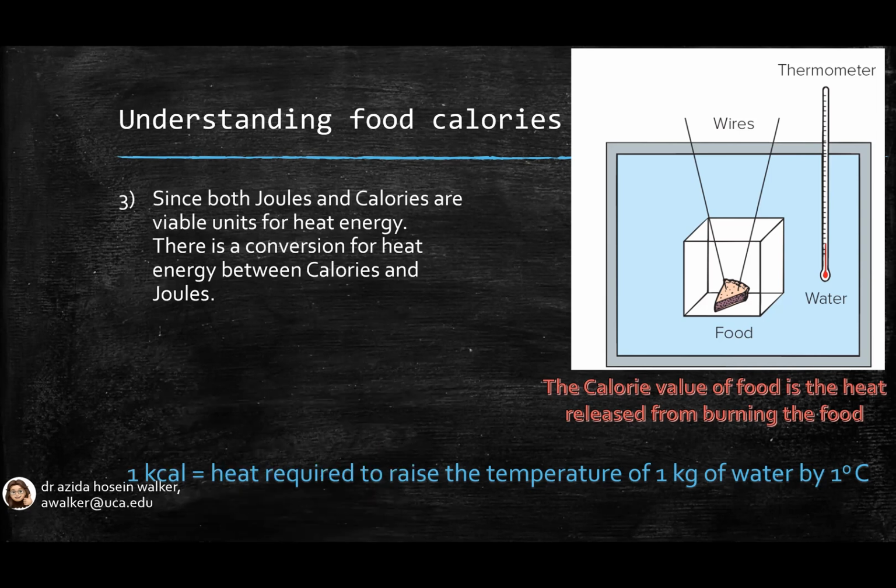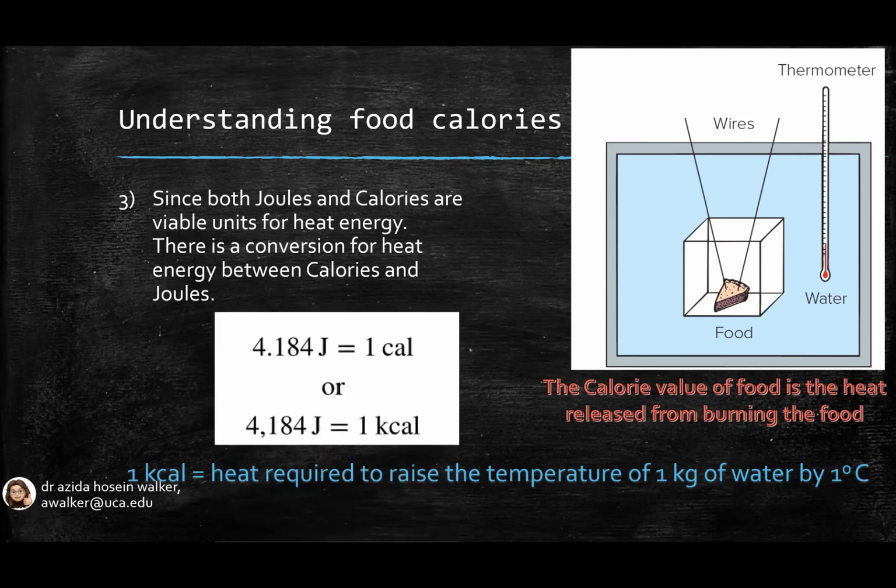Since both joules and calories are units for heat energy, we can convert between them. So 4.184 joules is 1 tiny lowercase calorie, which is the unit for heat, or 4,184 joules is equal to 1 kilocalorie, which, like we said, is the same as 1 food Calorie.